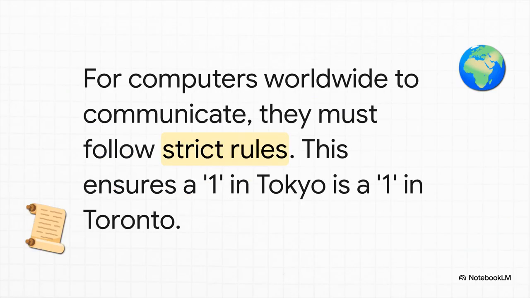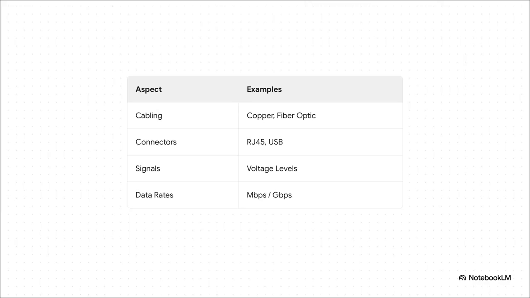Now, this translation process isn't just random guesswork. For any two computers anywhere in the world to understand each other, they have to follow an incredibly strict and detailed set of rules. This rulebook is what guarantees that a 1 sent from a laptop in Tokyo is actually understood as a 1 by a server sitting in Toronto. So what's in this rulebook?